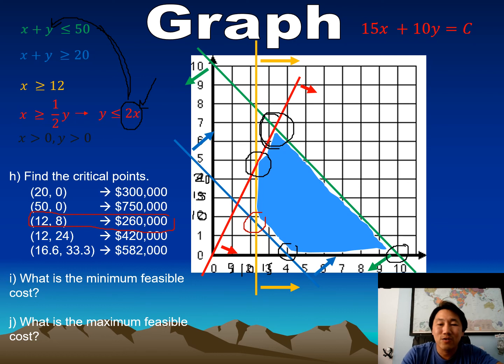If they hire 12 teachers and 8 aides, that would cost the district the least amount of money. All right. What if they wanted to spend all of their money? All right. So the most money they can spend is actually right here, which means they'll have to hire 50 teachers and no aides.